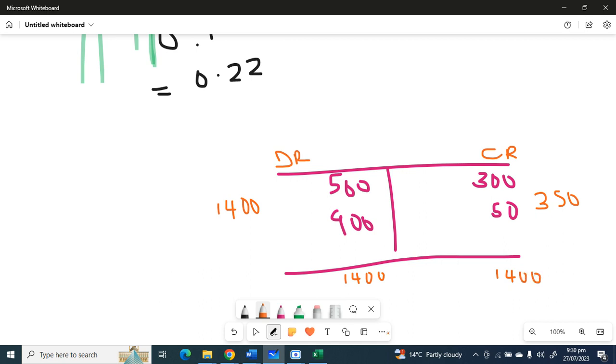Then the balance carried down. Always remember this. The balance carried down comes on the lower side, right? And to get the balance carried down, you're subtracting the total of the debit from the total of the credit.